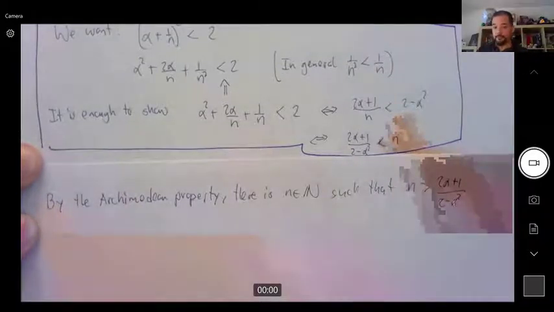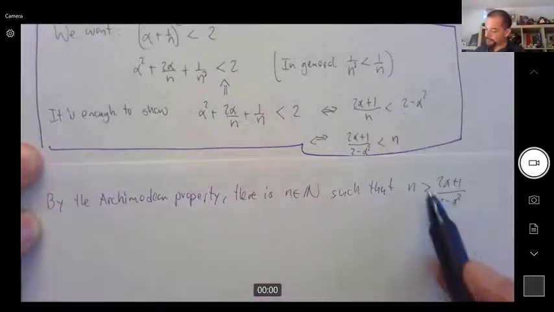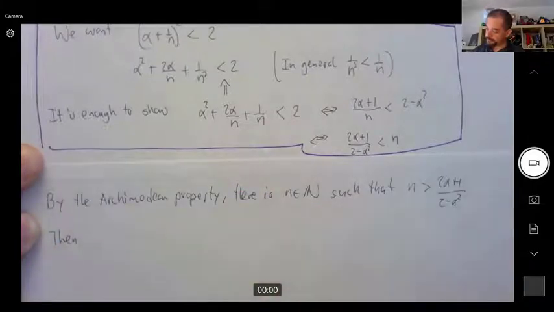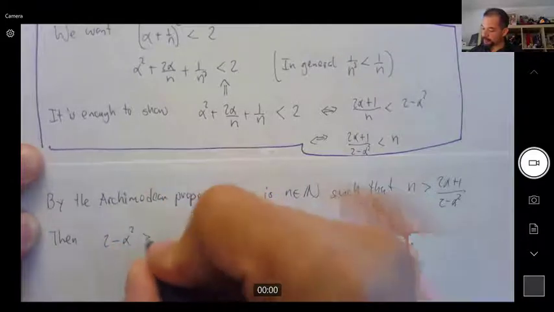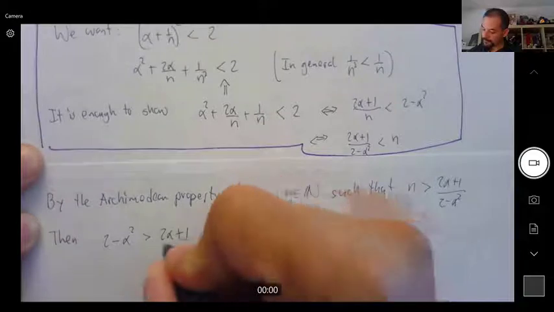Right? I can do that. And then now what I do is I divide by n and multiply by 2 minus alpha squared. And then what I get is that 2 minus alpha squared is greater than 2 alpha plus 1 over n.